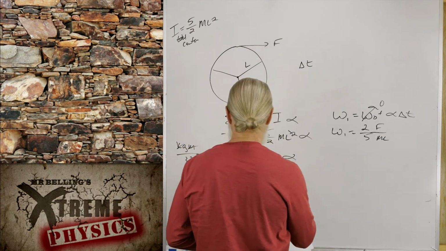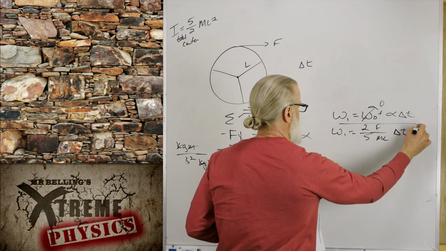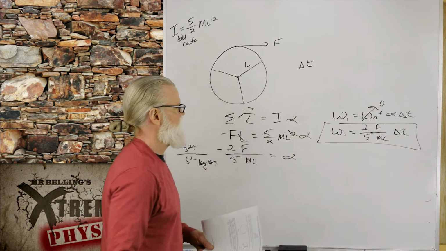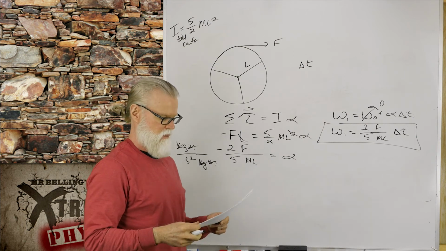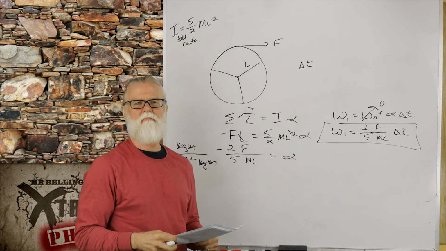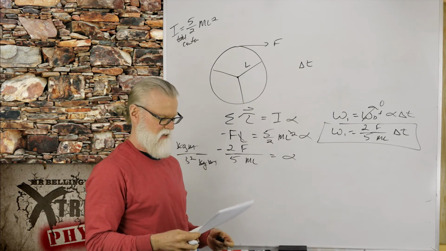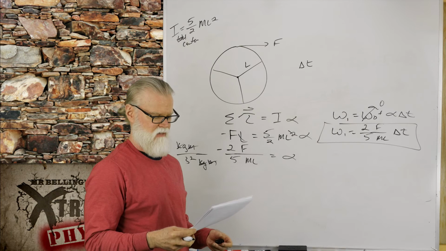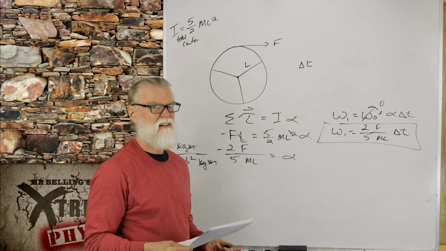So we get 2/5 F over ml times delta t. I guess that's the answer. Hopefully that's right. If it's not, talk to someone who knows how to do it right, and then you'll be able to figure it out.